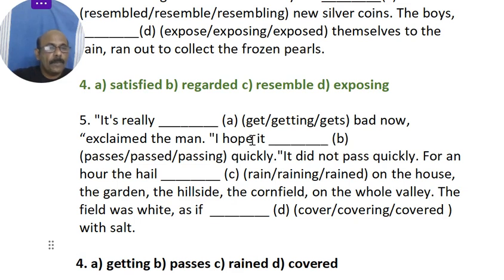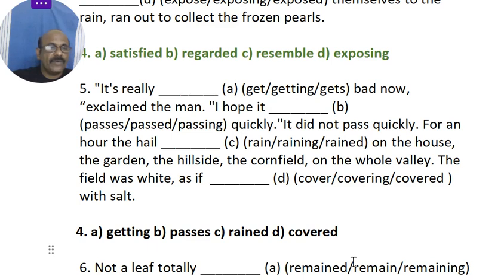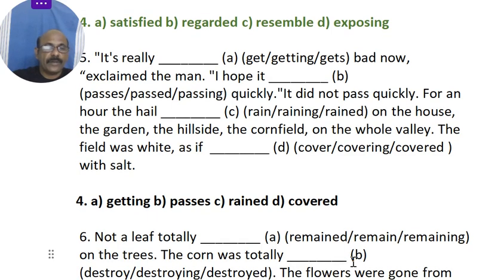Suppose hoped is there, past we can take. Hoped is there, past we can take, but not there. Hope. That's why passes we are taking. Yeah. Now we are going to verify the next one.